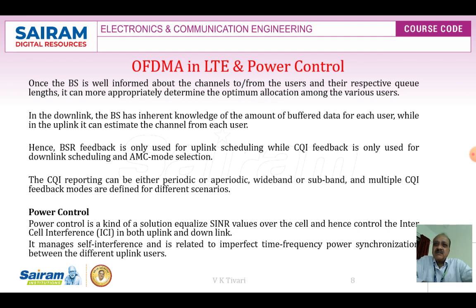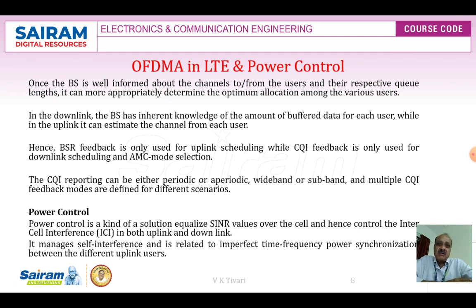In the downlink the base station has inherent knowledge of the amount of buffered data for each user, while in the uplink it can estimate the channel from each user. Hence BSR feedback is only used for uplink scheduling, while CQI feedback is only used for downlink scheduling. So BSR we use for uplink scheduling, and CQI we use for downlink scheduling and AMC code selection.